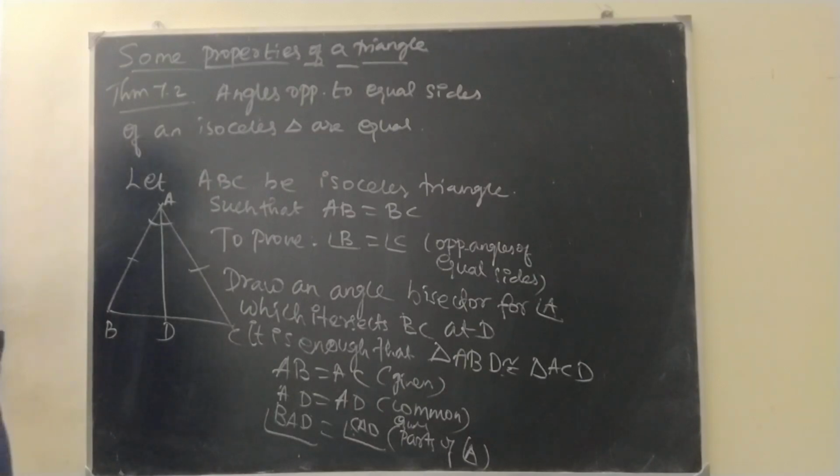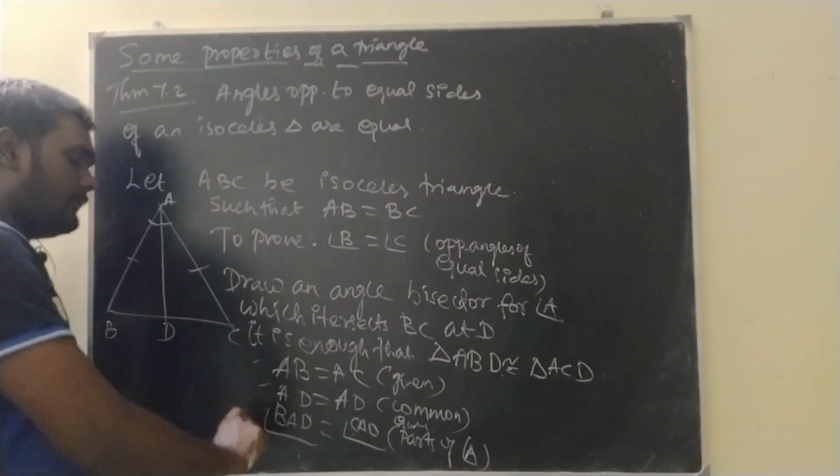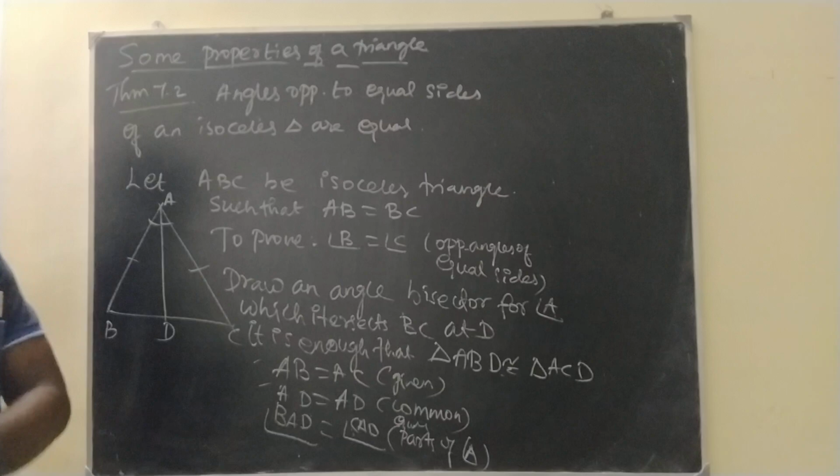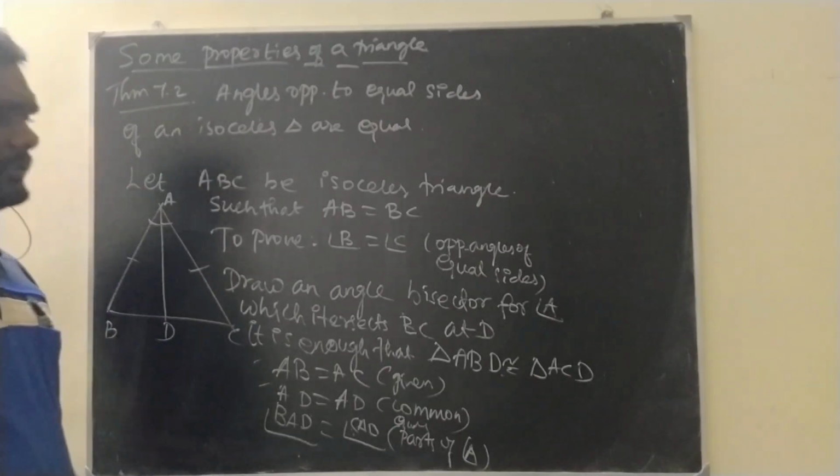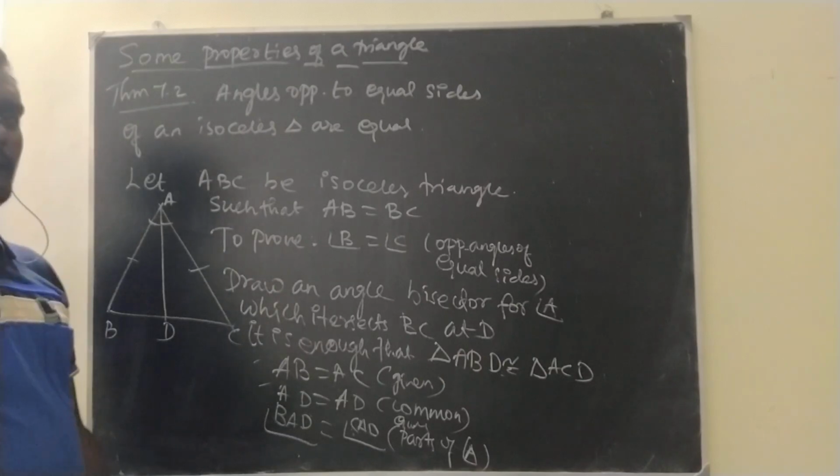Okay. Then two sides are equal, one angle is equal. We have to make sure that the angle lies between these two given equal sides or not. Yes, it is. So by what axiom can we say?